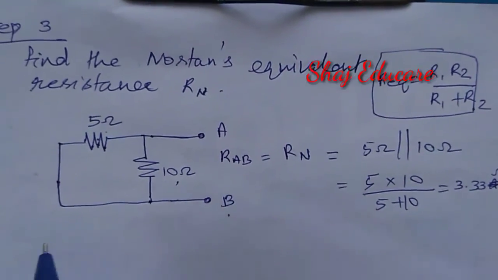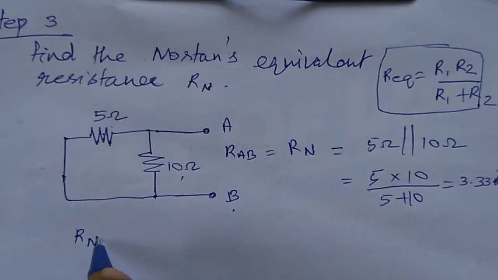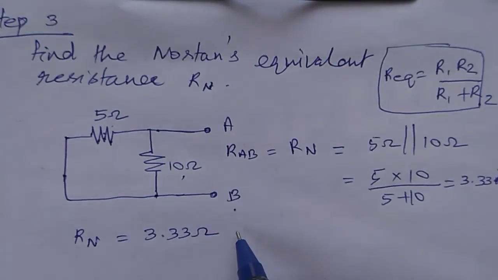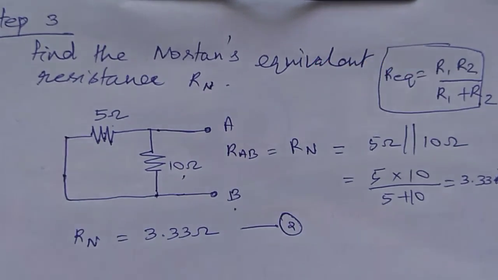Now we got the Norton's equivalent resistance Rn is equal to 3.33 ohm. Let us mark it as equation number 2.